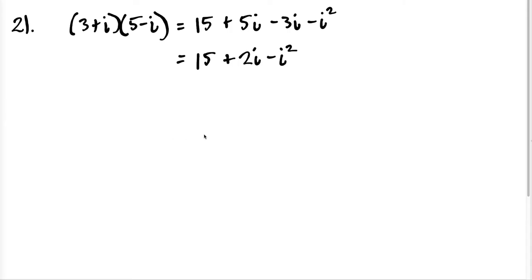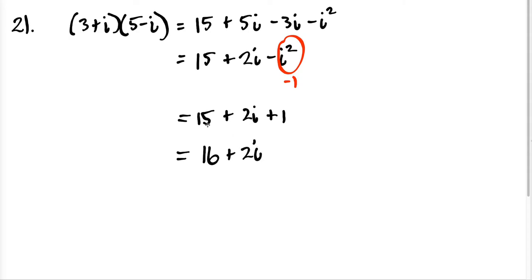You have to, for the negative i squared, replace it with -1. Good memory. And then combine like terms again. So this becomes plus 1? Yeah. Is that what you're going to ask? Okay. And then so 16. Yeah, very nice. And I'm not going to care which one you write first.